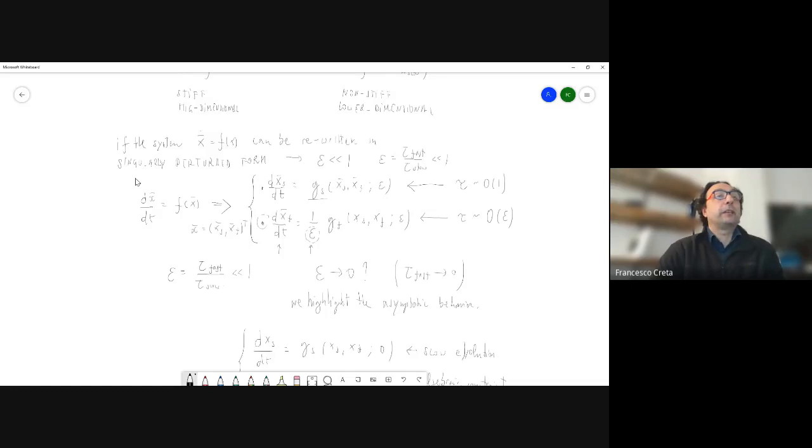So if we can start with a nonlinear system and cast it into this singularly perturbed form, where we explicitly have a parameter epsilon, a small parameter representing the ratio of the fast to the slow timescales, then we can say a lot about the system. Clearly, you can do this only for very small systems where you can clearly separate the slow and the fast dynamics.